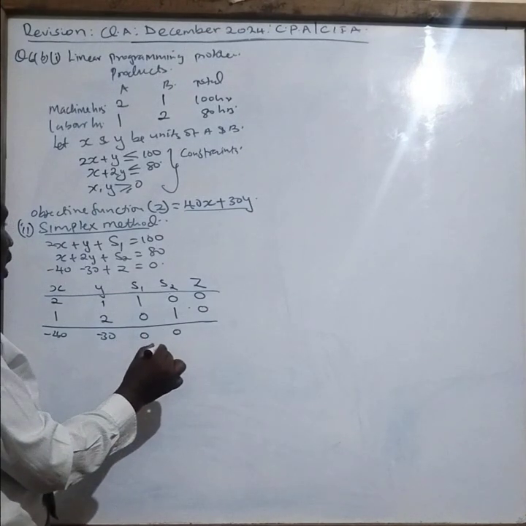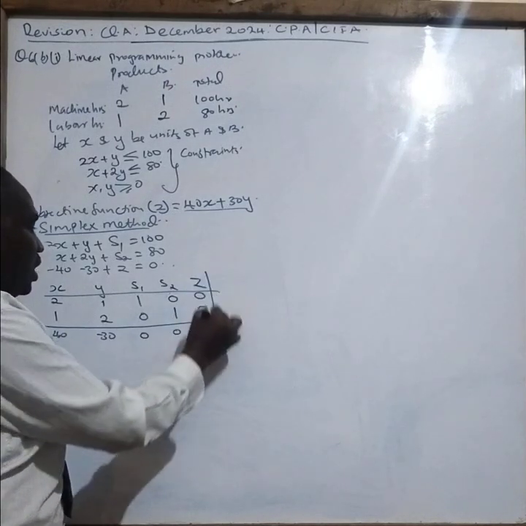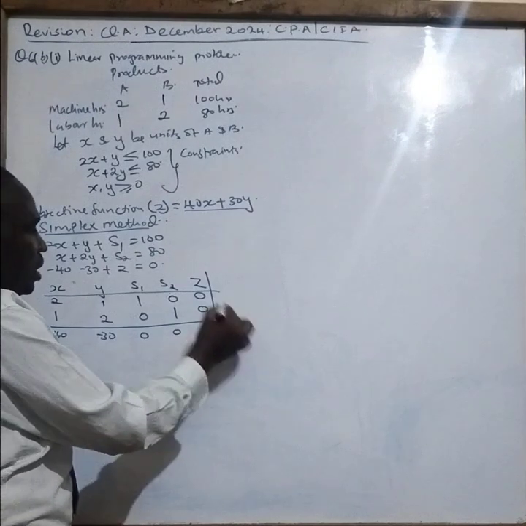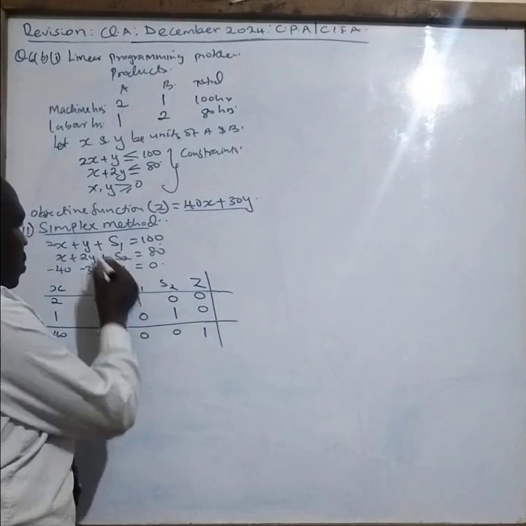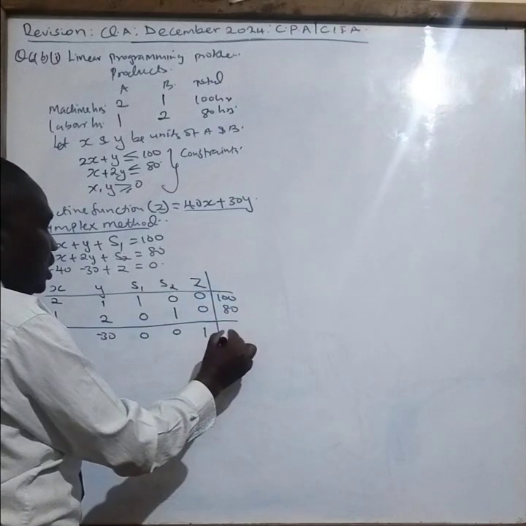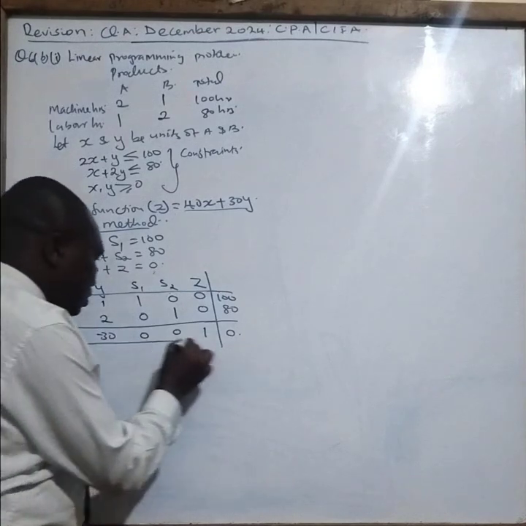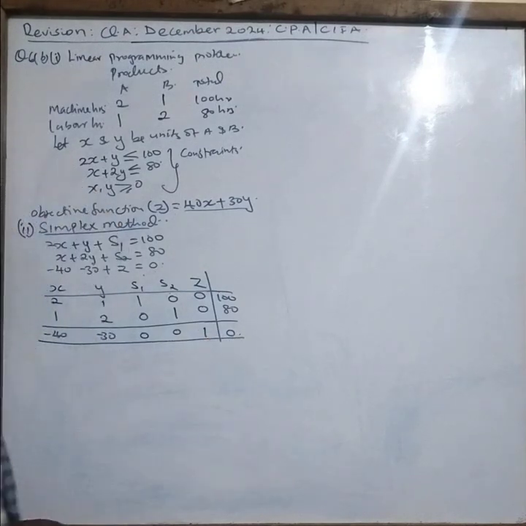No. z? Yes, which is 1. And so in this case, I introduce another column for the answers. In this column I will have 100, here I will have 80, and here I will have 0. Then I close. So I've introduced my table now. This is my first table.